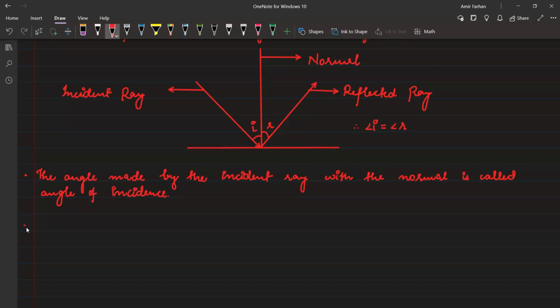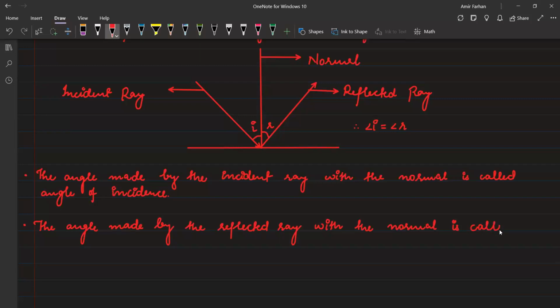Similarly, if the angle made by the reflected ray with the normal is called the angle of reflection.